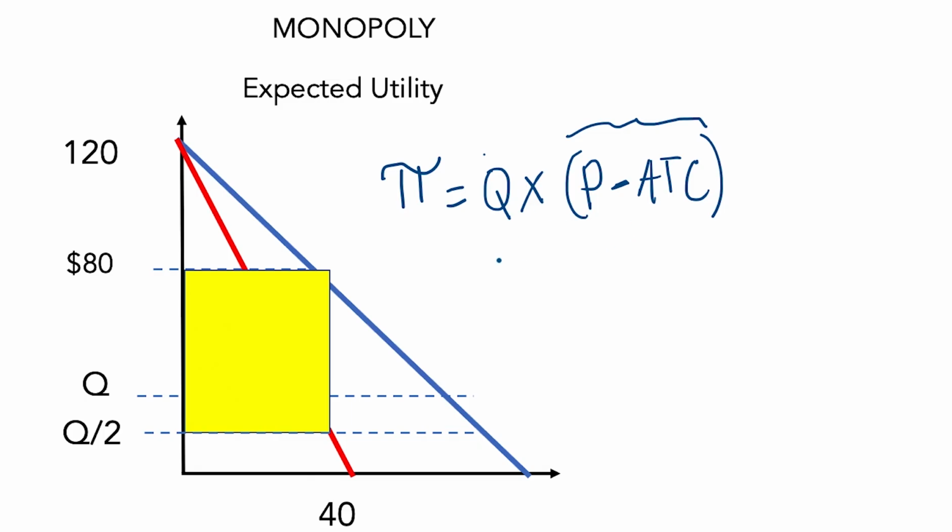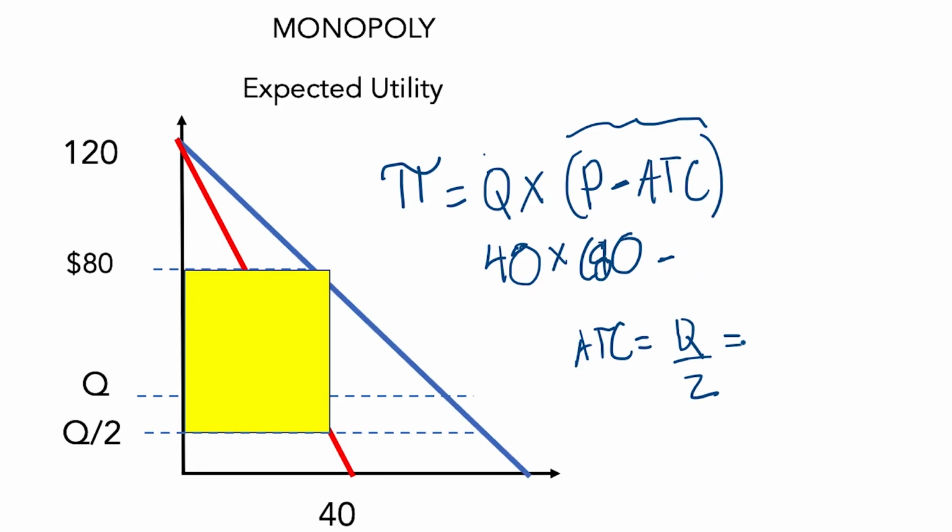In this particular case, we had a quantity of 40, we had a price of 80, and the average total cost, if you recall, was Q divided by 2.